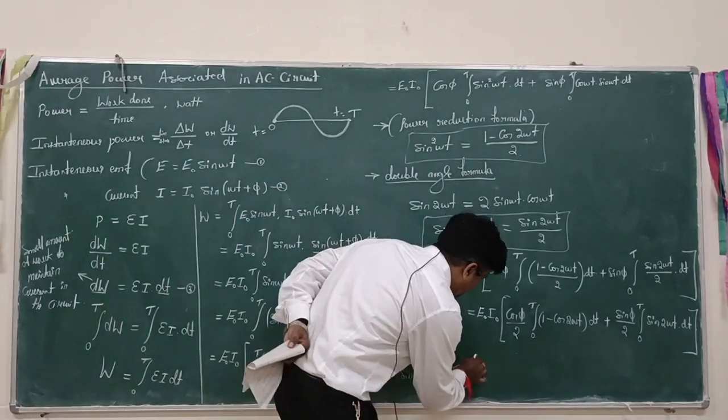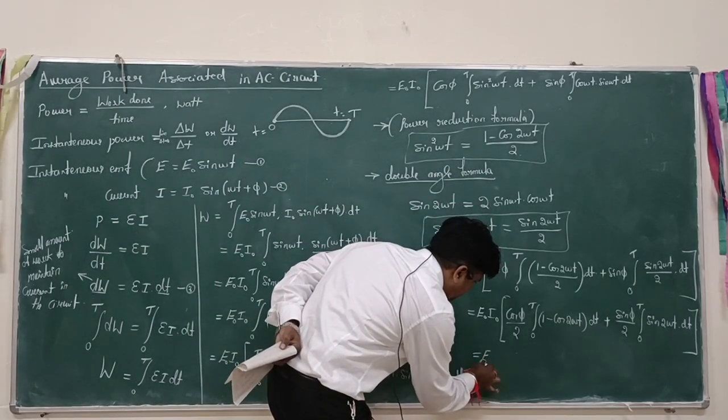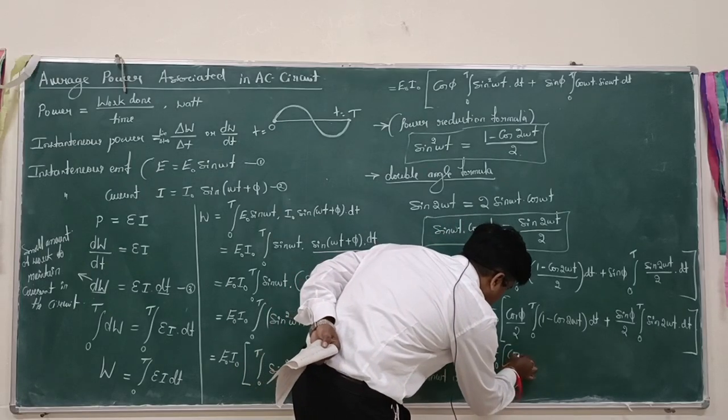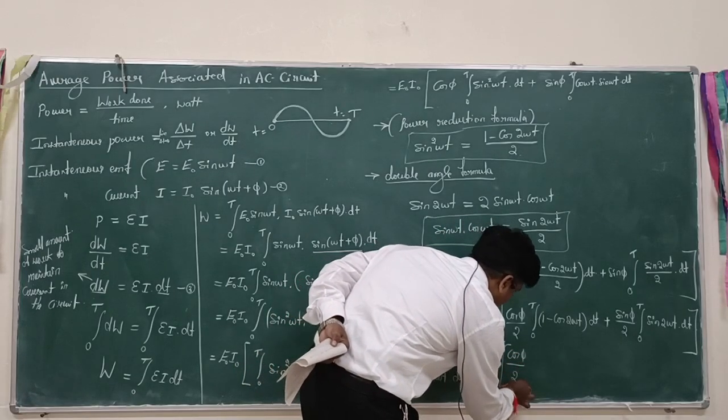So we can write E naught I naught cos phi divided by 2.